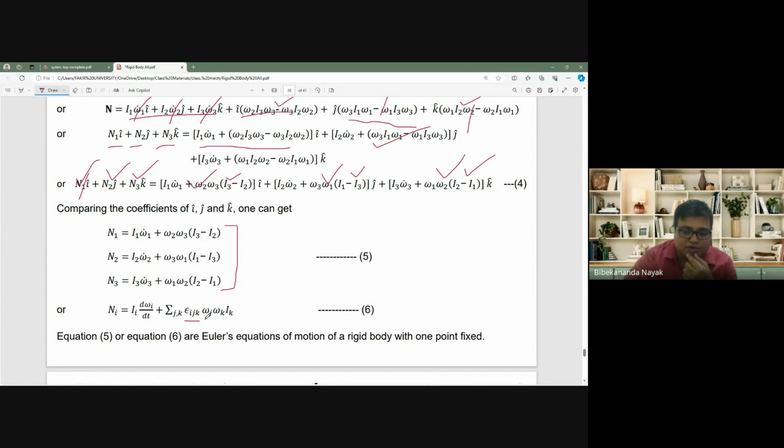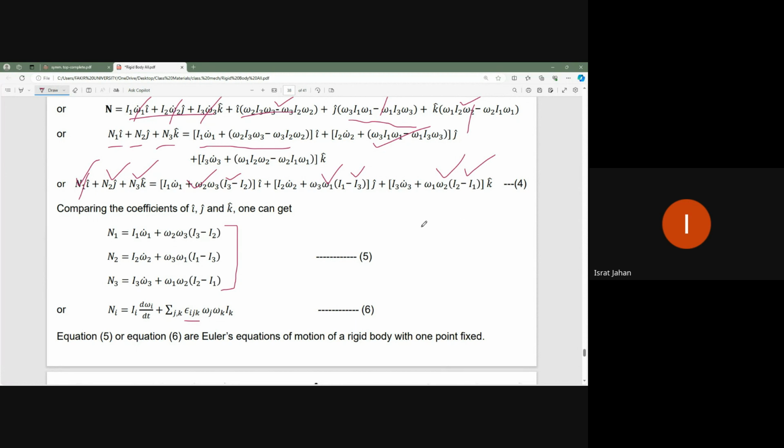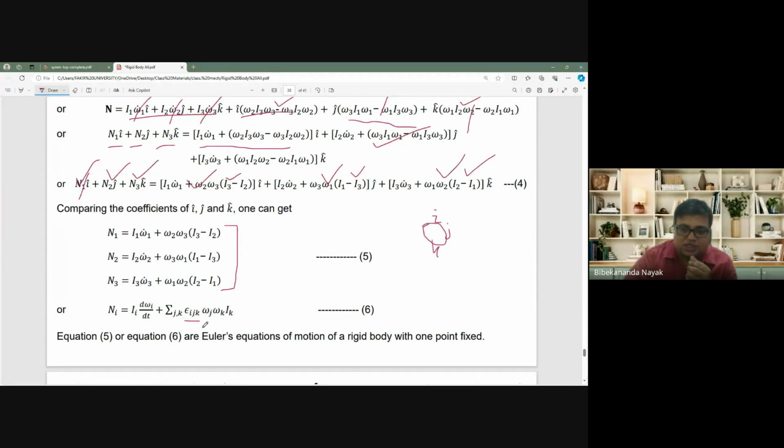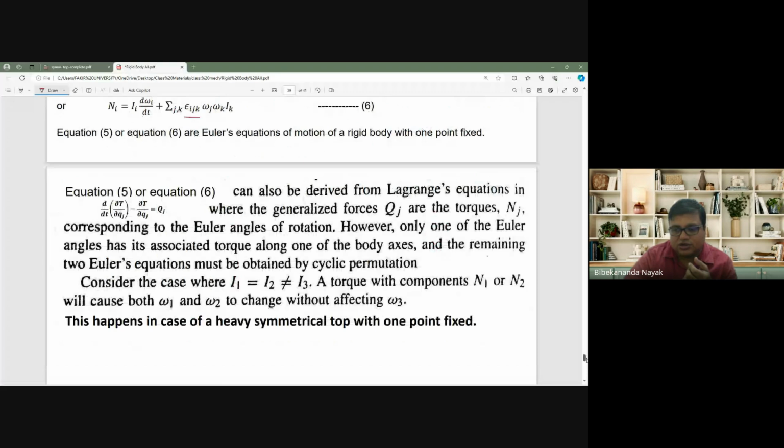This means if i, j, k are in the same cyclic order, it will be 1. If the order changes, it will be minus 1. And if repeated, then it will be 0. If i is equal to j, or j is equal to k, it is 0. So this is the formula. This is your Euler's equation of motion for a rigid body.